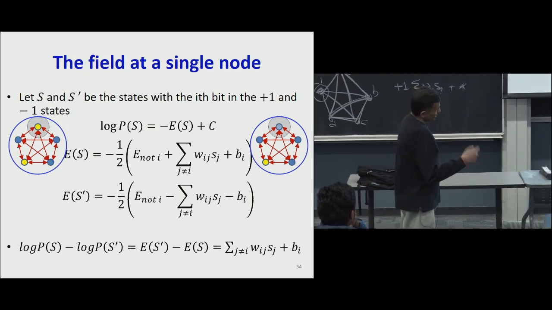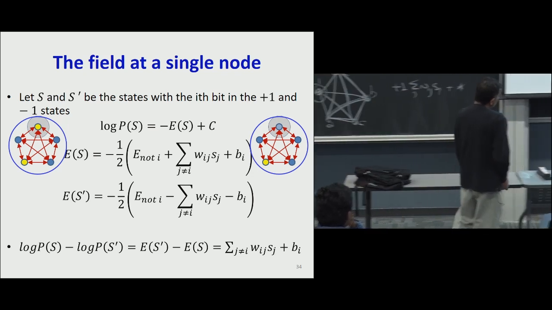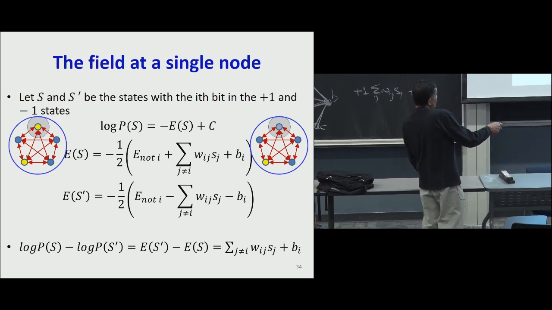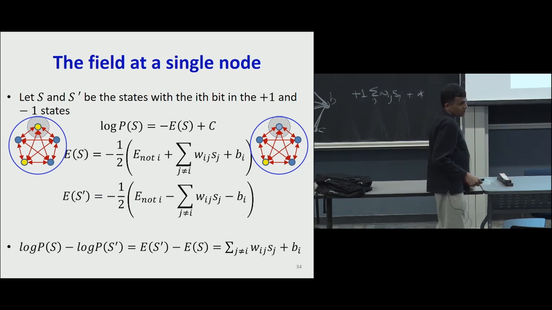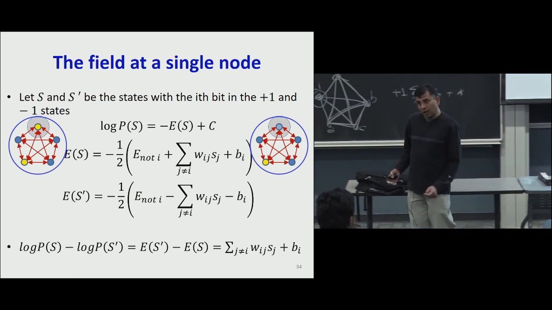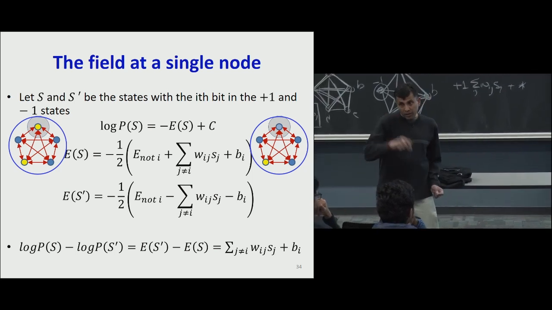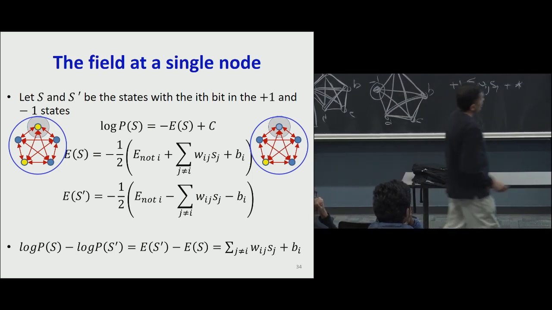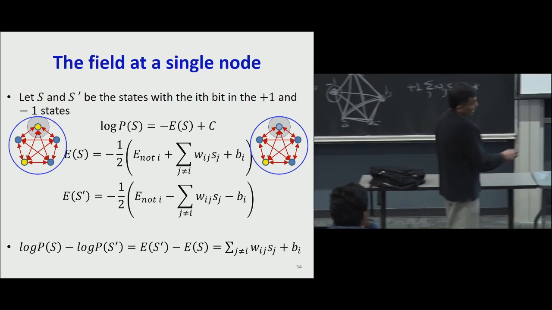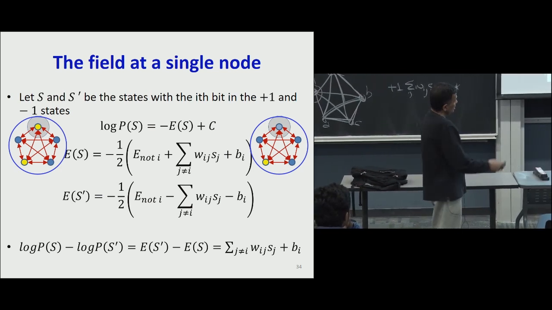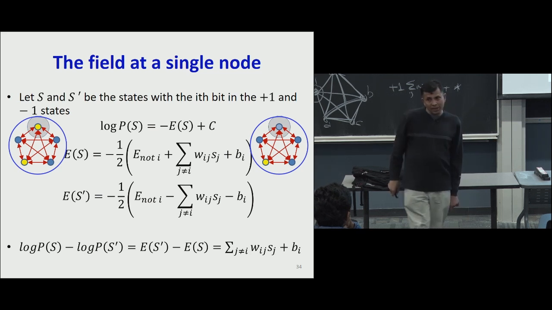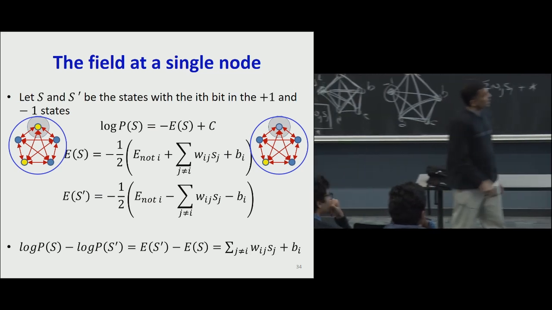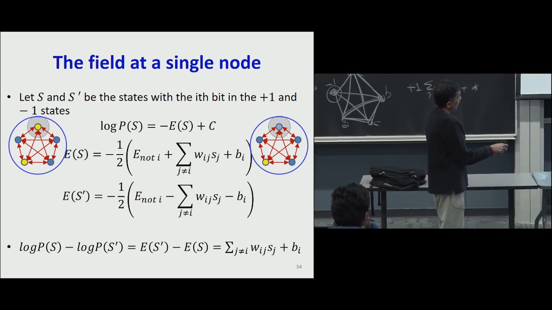So what exactly, I'm just reintroducing the biases. The energy for any configuration has a bunch of terms involving all the nodes that are not the ith node, the star here, plus the contribution of the ith node itself, plus maybe the bias at the ith node.